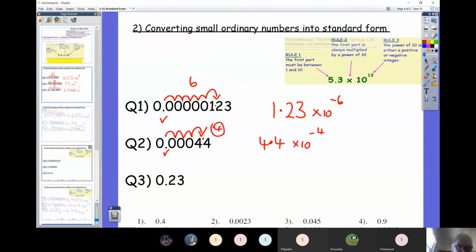And then finally, quite a short one here. 2.3 gets that first number between 1 and 10. So hardly any hops here. We're just hopping from here to here. That's 1 hop. Small number, so -1. 2.3 times 10 to the -1.